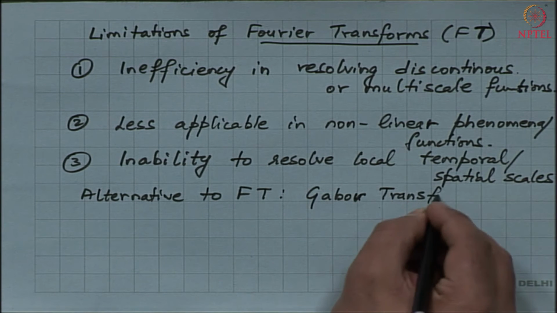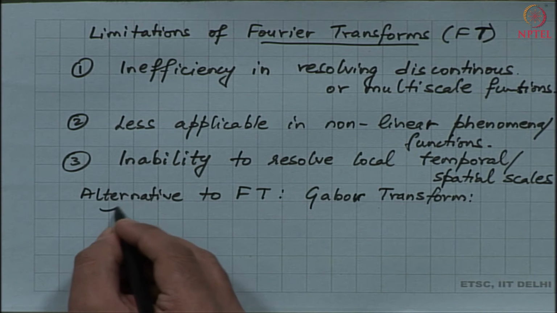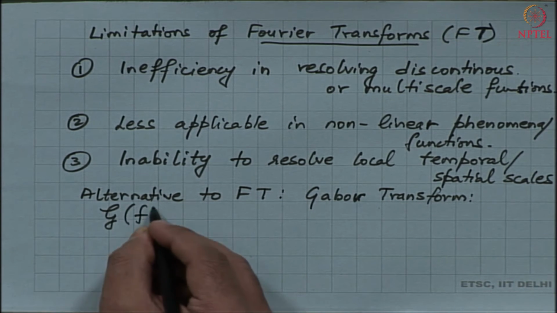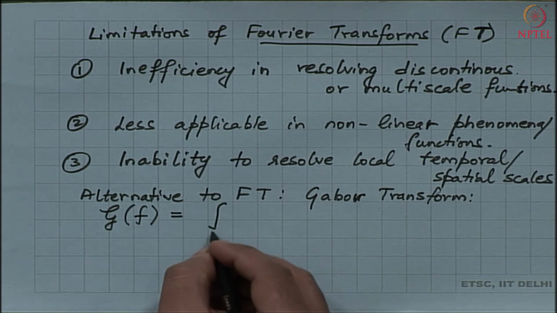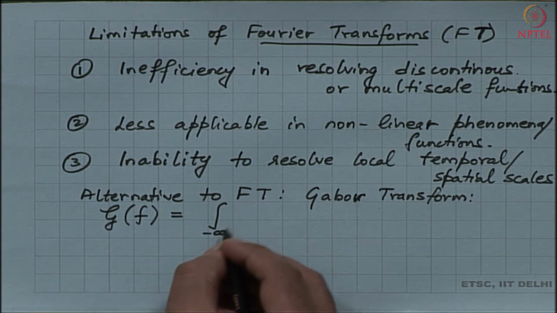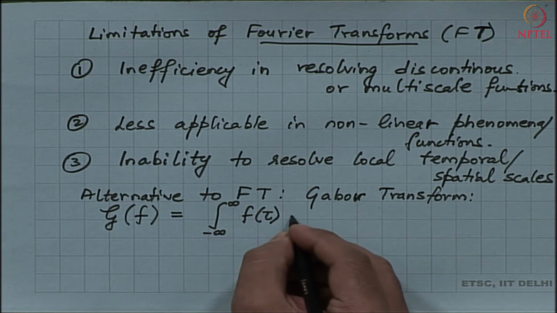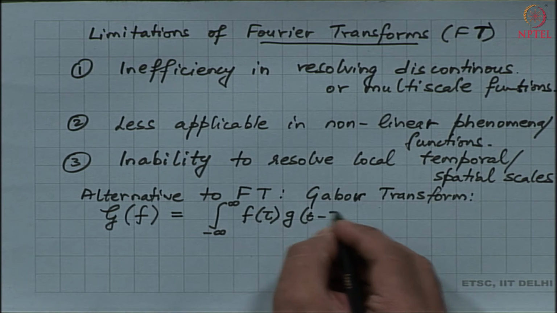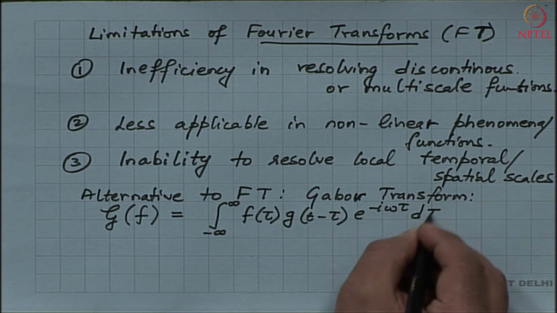Just briefly, what is this Gabor transform? I am going to denote the Gabor transform by this curly G. The Gabor transform of a function f is defined as the integral from minus infinity to infinity of f of tau, g of t minus tau, e to the power i omega tau, d tau.